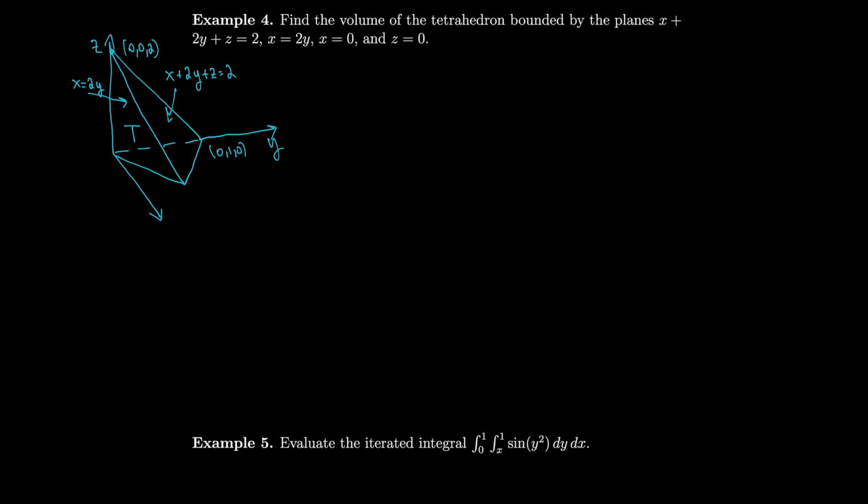So x is equal to 2 minus 2y, and x is equal to 2y. So that means that x is equal to 1, y is equal to 1/2 when z is 0, so that's this point over here.